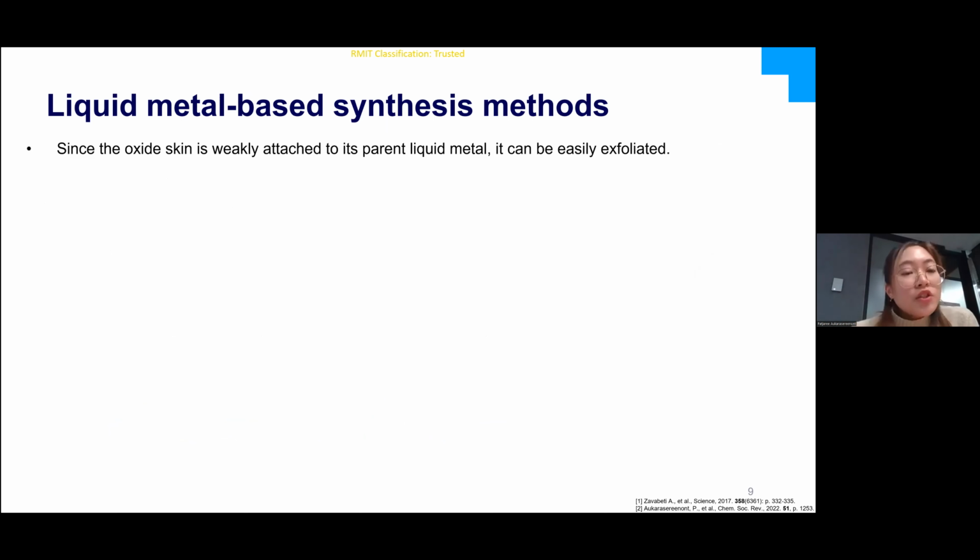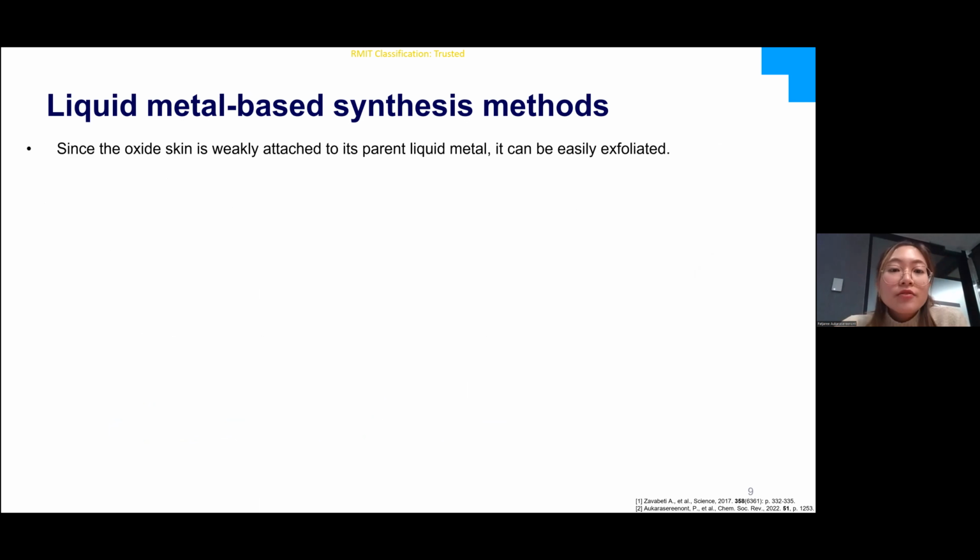So now we are going to talk about the methods that we have developed from the liquid metal to get to the oxides. As I mentioned, the oxide skin that is formed at the surface of liquid metal is weakly attached to the parent liquid metal.